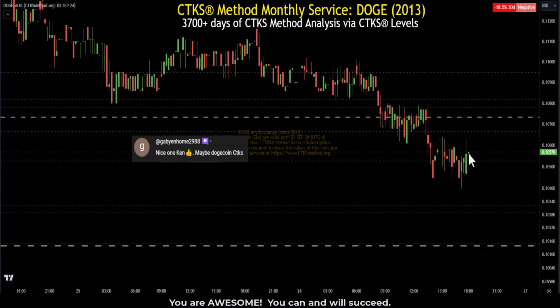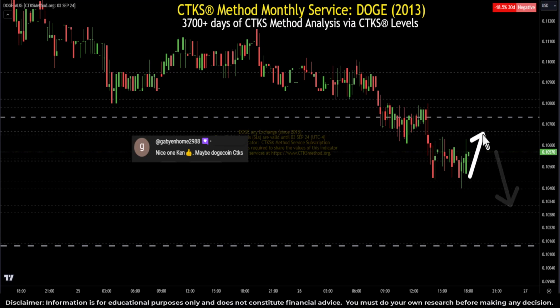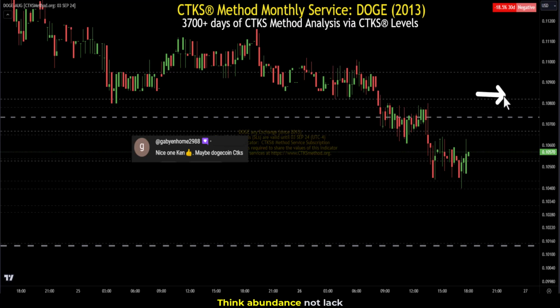If we see the DXY starting to collapse and the VIX starting to go down and the yield starting to go down and the indices starting to go up and Bitcoin starting to grind through all of that structural support, we would expect Doge to come up to at least this 10,700, if not 10,800 level.